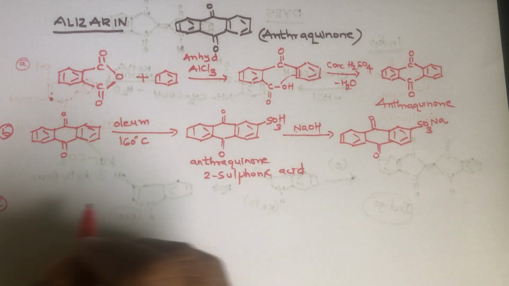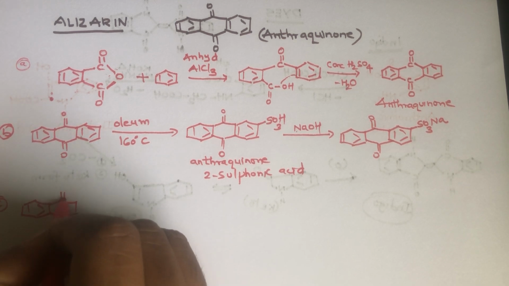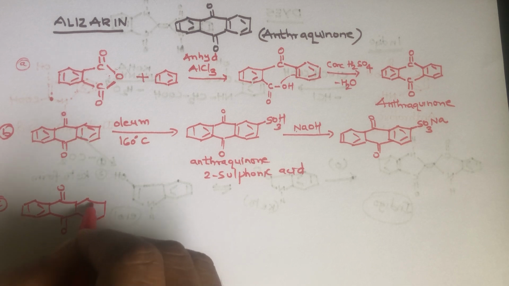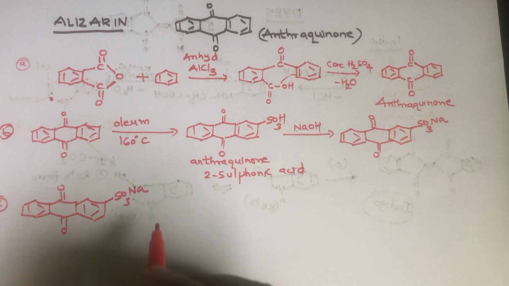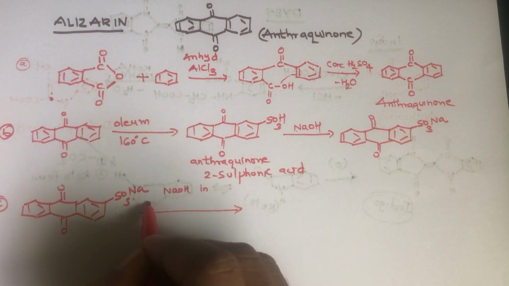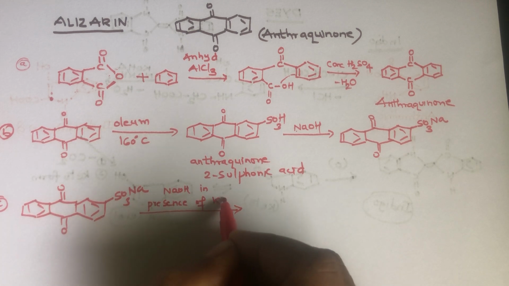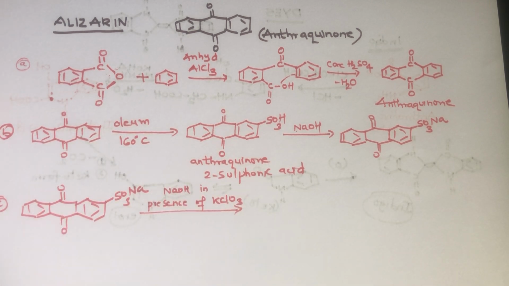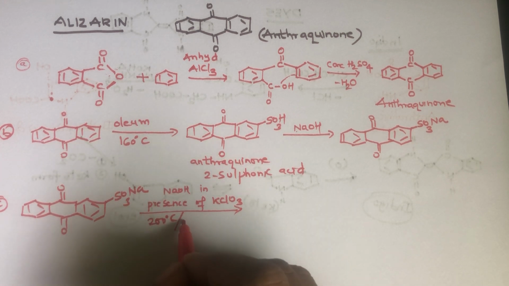Okay, so this is again fused. This molecule, SO3Na, is treated with NaOH in presence of potassium chlorate at 200 degrees Celsius under pressure.